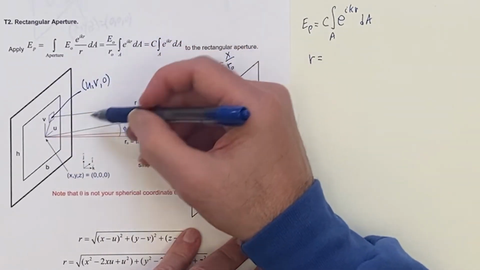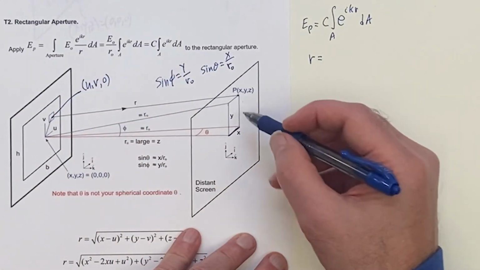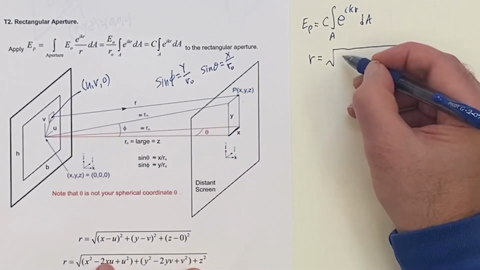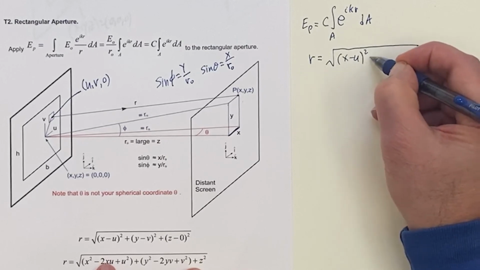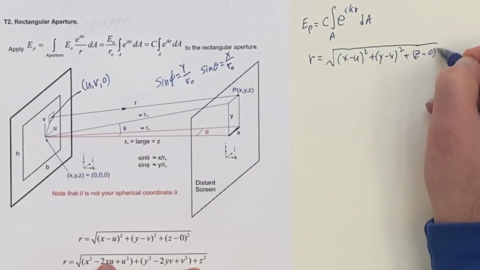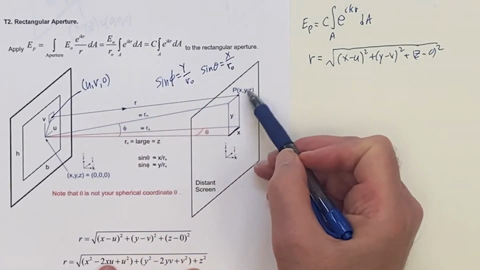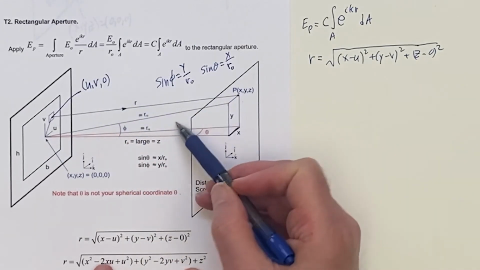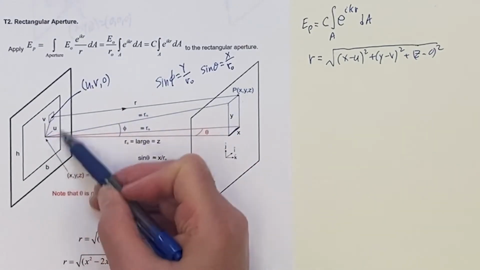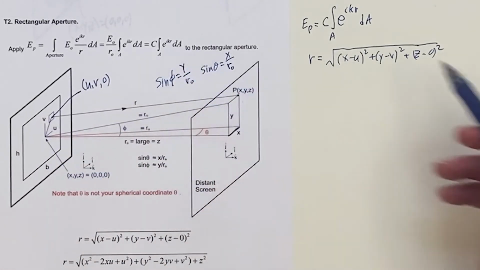So it's just u and v, because x is into the page, and up is y. All I have to do is subtract these and square them. I take x minus u, squared, y minus v, squared, and z minus 0, squared, and take the square root, and that gets me this r. And that's the r to make this move around. I have to integrate, making the u and v move all around there.